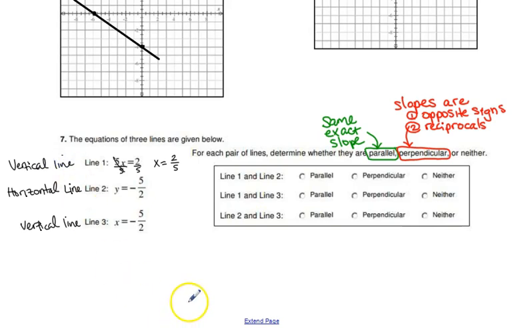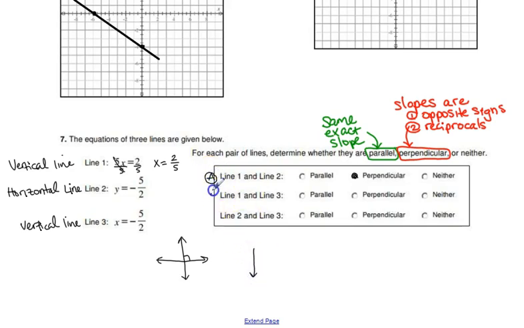So I'm looking at lines 1 and 2. If I have a vertical line and a horizontal line, then those are automatically perpendicular. Lines 1 and 3, I'm sorry, let me just label this.